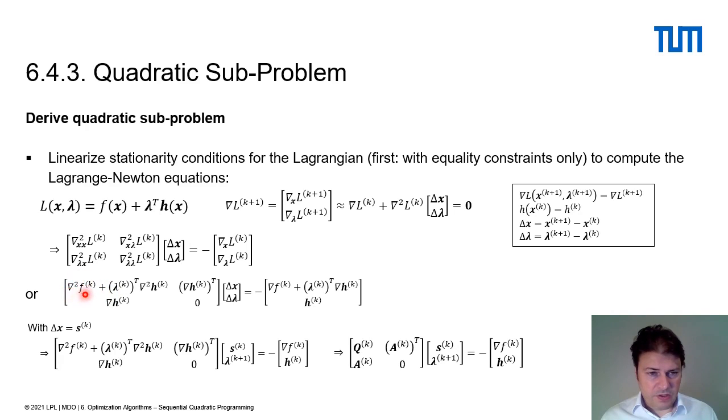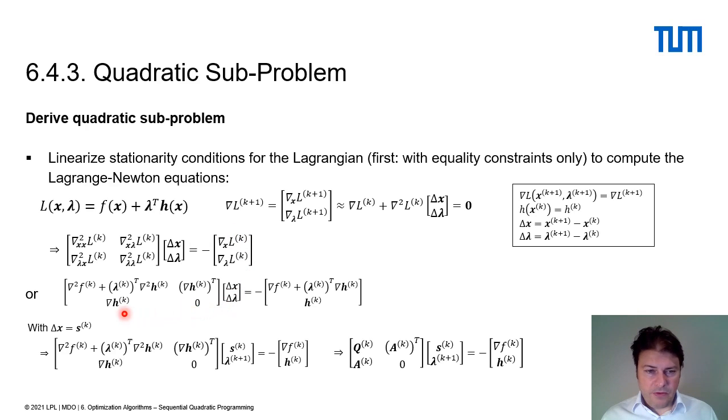So here's the second order derivative of the objective function plus the Lagrange multipliers multiplied by second order derivative of the equality constraint function or functions, and the first order gradient of the equality constraint functions transposed, and also on this side not transposed, multiplied by the increments equals the expressions for the first order derivatives of the Lagrangian.